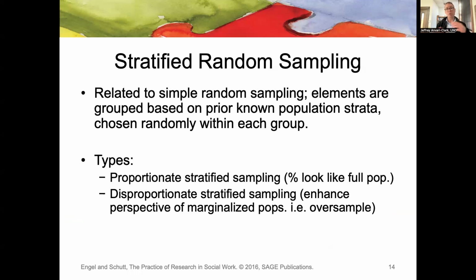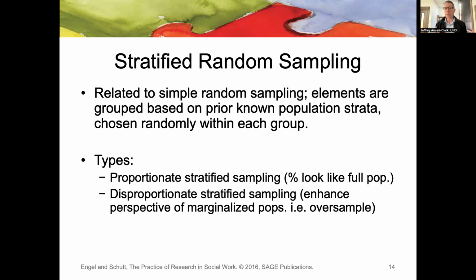Or you can have a disproportionate stratified sampling, where we take an enhanced perspective, which can be really helpful for focusing on marginalized populations. What we would do is have an oversample of folks who may not always be included. A point to note here is that you should have at least 10 people in every data category. This can be a real challenge for proportionally very small populations that are tough to get information about, such as people who have a non-binary gender, or, as a portion of a population nationally, the number of indigenous or native peoples.